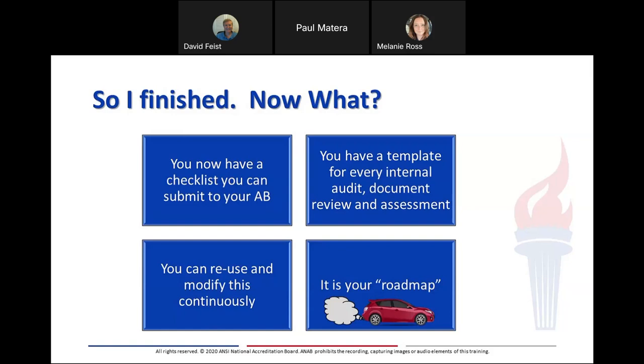The 2017 17025 checklists did change significantly because the standard changed significantly. So from time to time you'll have to evaluate the template itself, that document, to make sure it still meets the needs for you and for your accreditation body. But again, typically once you complete it, you can reuse it over and over again.